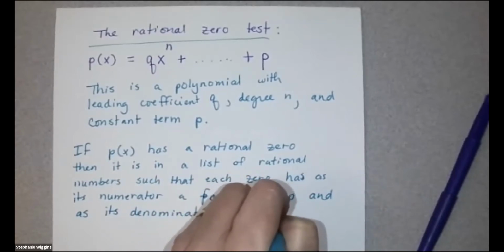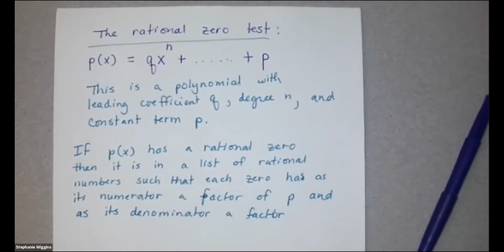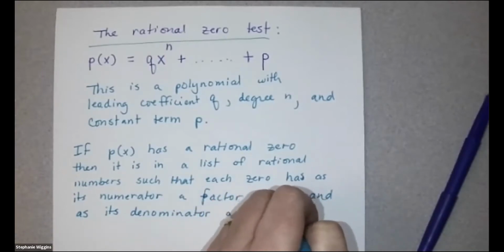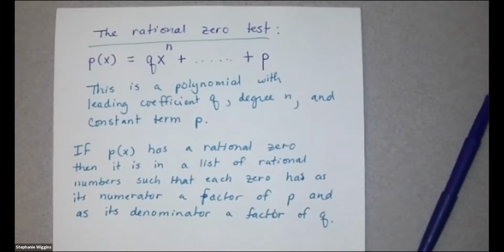That sounds strange, but when you see me do an example, it's really easy to figure out. Okay. So this is the rational zero test, and I'm going to go back to my example that I started with, and I'll show you how it works.